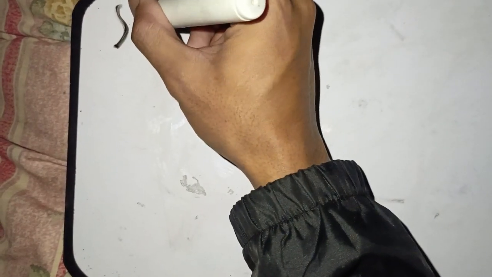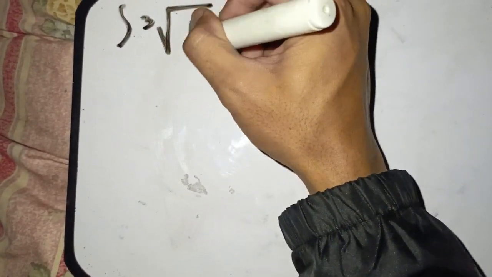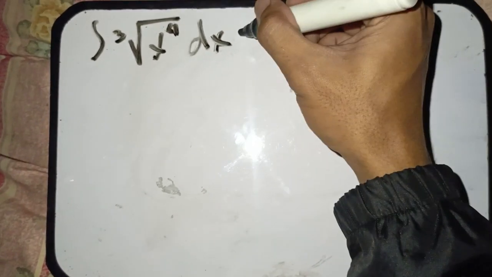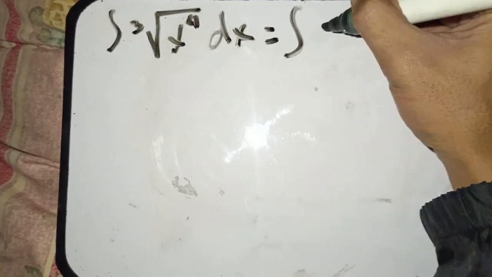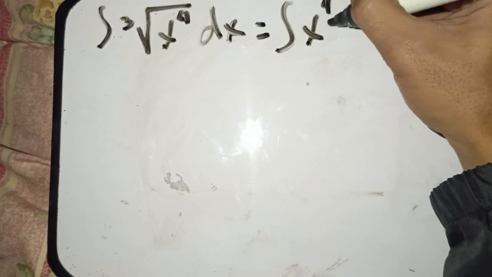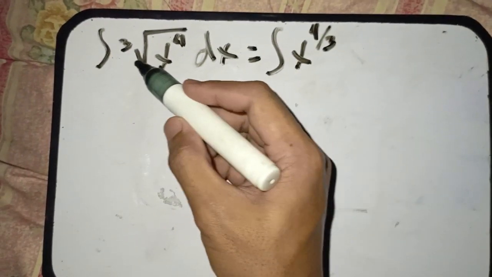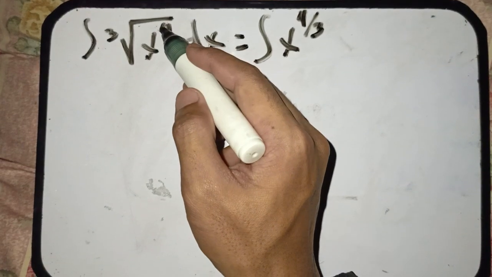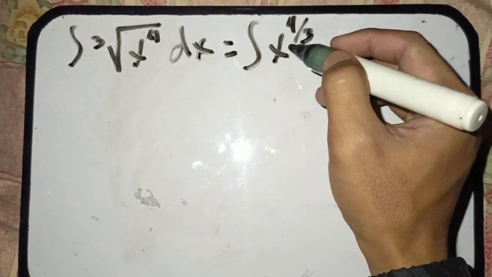Next we're going to solve a radical function. Let's find the antiderivative of the cube root of x raised to 4 dx. We write this as x raised to 4 over 3. Your index number goes to the denominator and your exponent goes to the numerator.